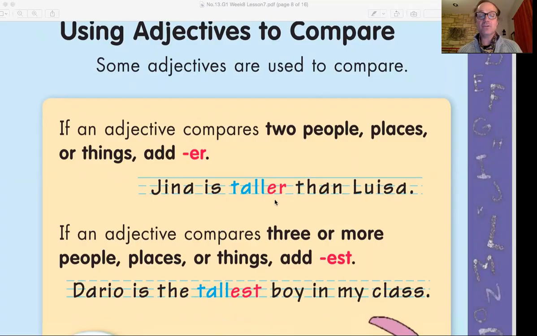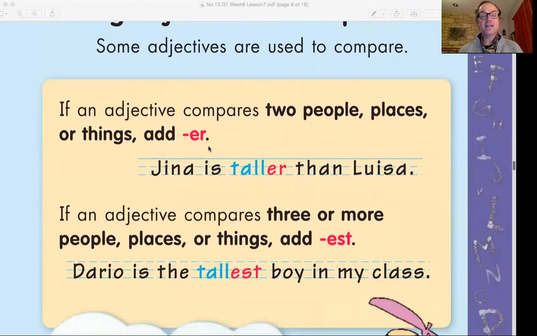So the word tall, and they added er, and that's an adjective then. You could call her tall Louisa, but we'll say taller. Jinnah is taller than Louisa. That's an adjective because I added a little er right there, right?